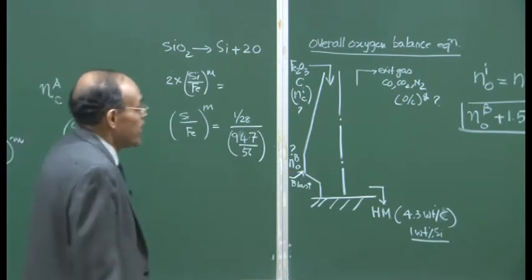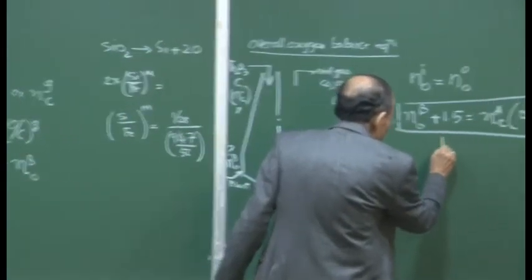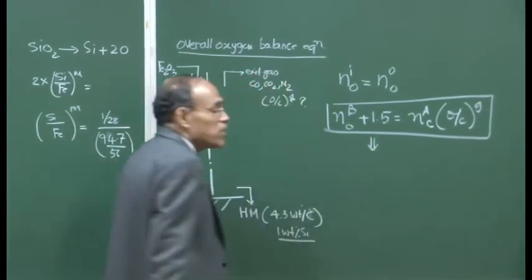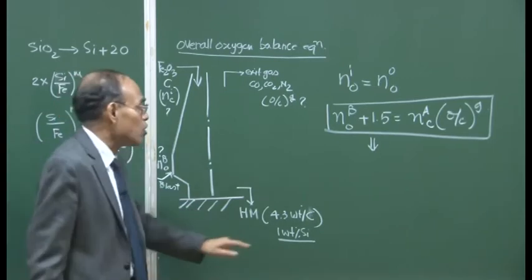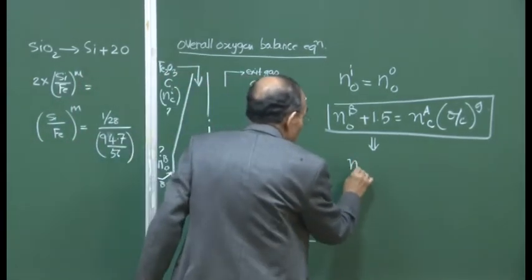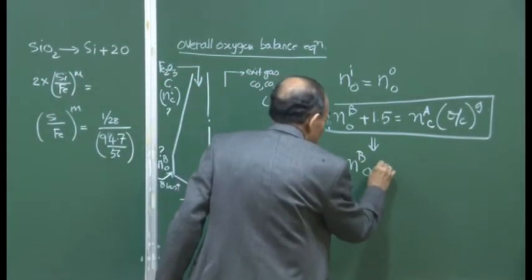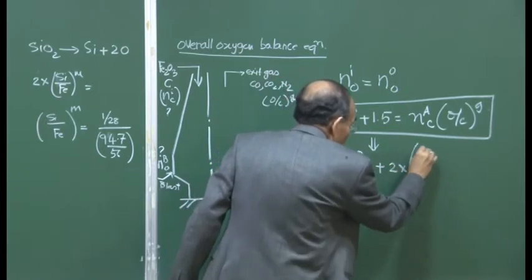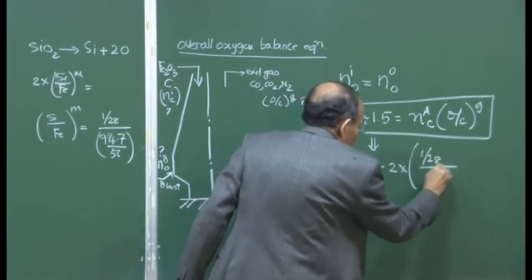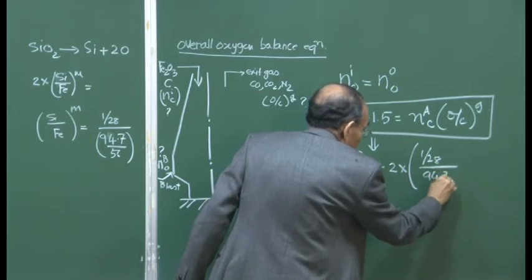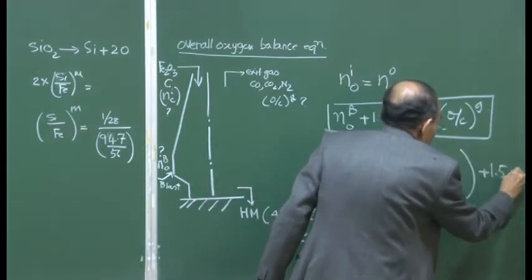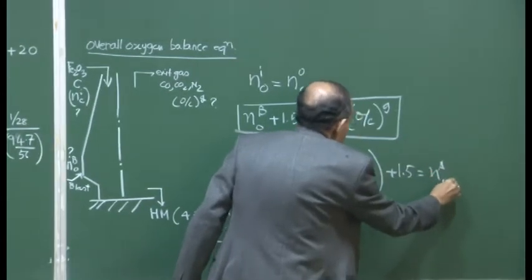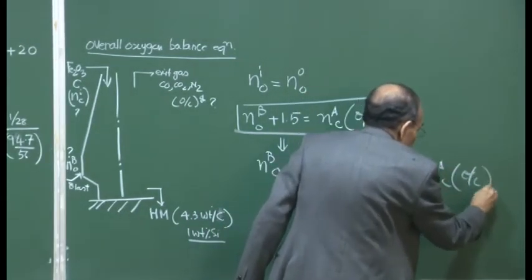Under the given condition that 100% of the silica gets reduced and yields 1 weight percent silicon in the hot metal, the equation will be 2 multiplied by 1 by 28 divided by 94.7 divided by 56 plus 1.5 is equal to NaC and O by C gas.